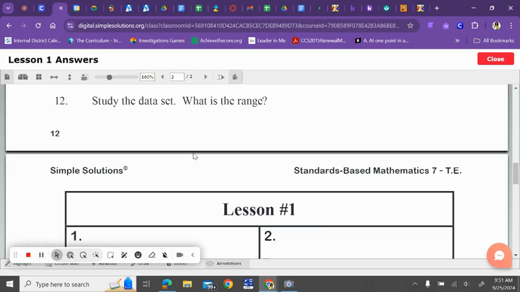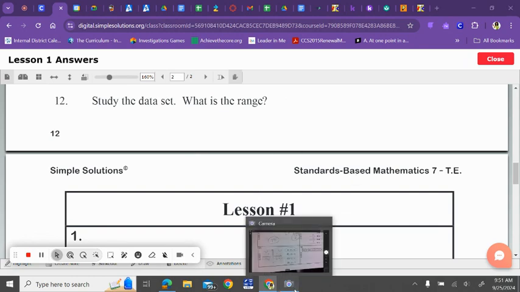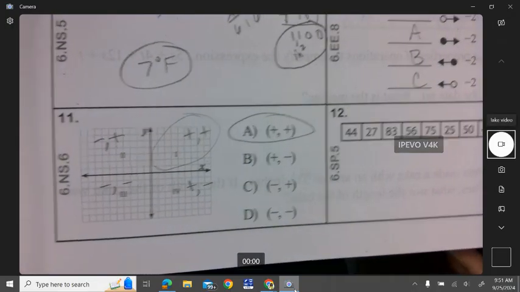The last one is the range. The range is just the maximum minus the minimum. And that difference is going to be the answer. If they ask you this and there's a graph, please make sure you use the actual data and you're not just looking at the scale.